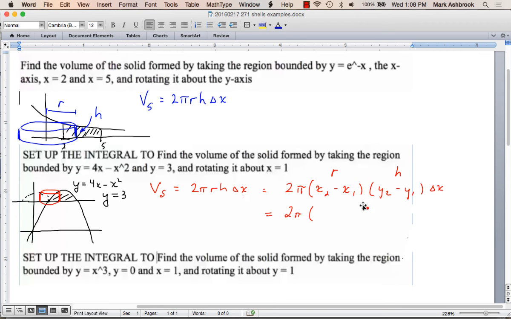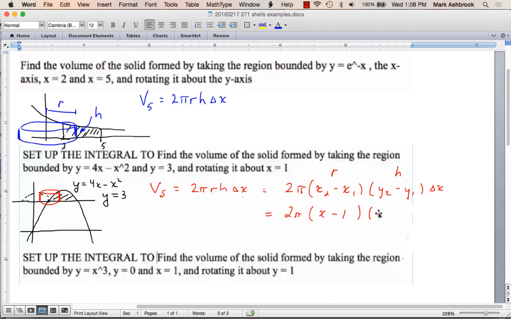So what is that change in x for the radius? The upper x is just the x coordinate of this curve. And then the lower x is our center of rotation. So it's x minus 1. It's the radius. The height of the shell is the upper y, the y coordinate of the point, minus the lower, which is 3.